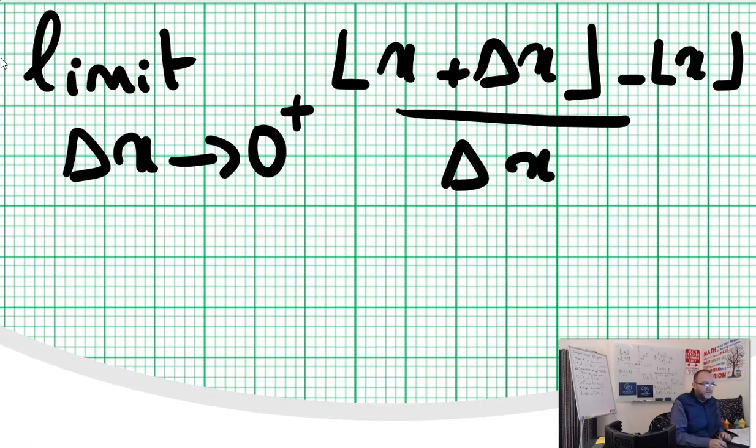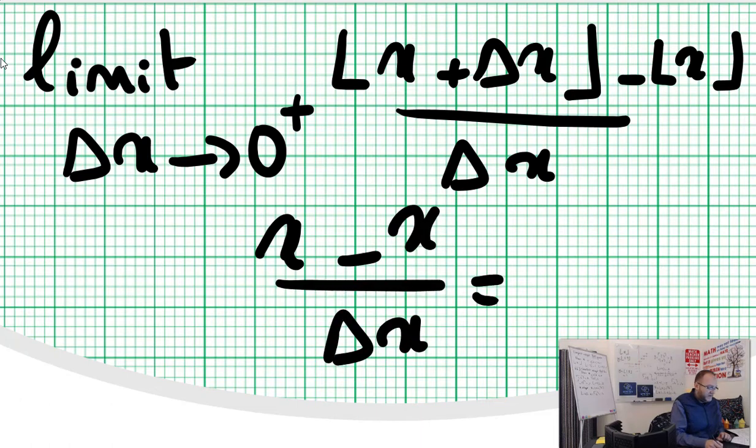It's not x minus 1 because it's approaching from the right of a floor function. And remember, what is the floor function of x when x is an integer? It's x itself. So I get 0 over delta x, and I get 0. Over there, I got plus infinity. And here, as delta x approaches 0 from the right, I got a 0.